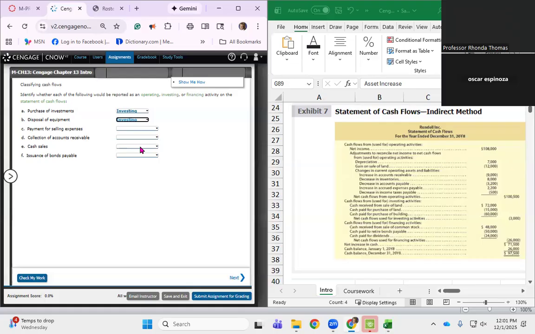Okay, investments tend to be, most of the time, buying and selling or getting rid of equipment. And when you dispose of a piece of equipment, that's going to go in the investing section, but it depends on if we got any scrap value for it or not.